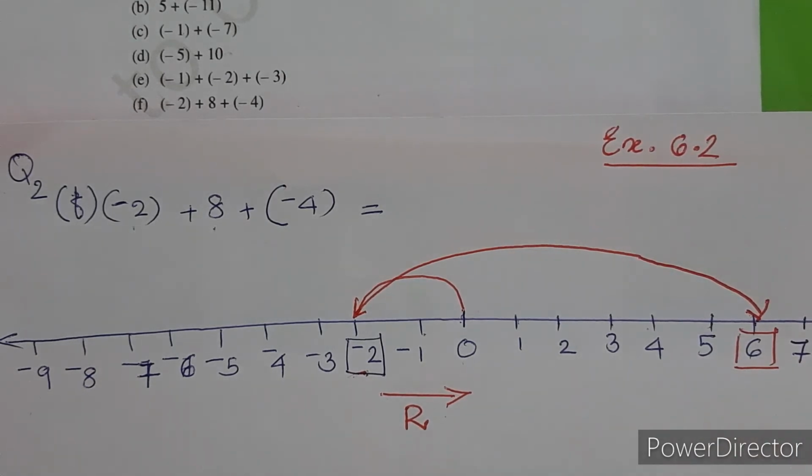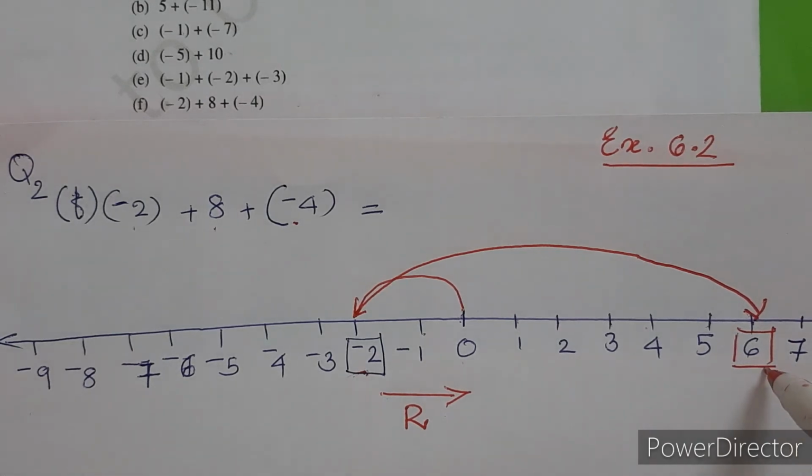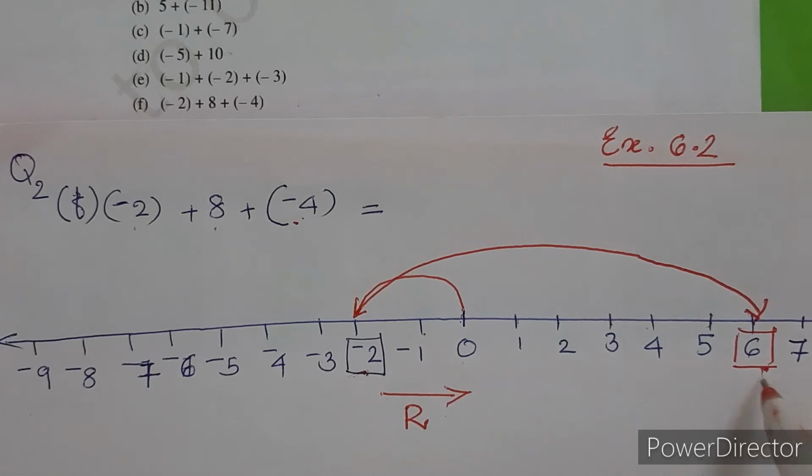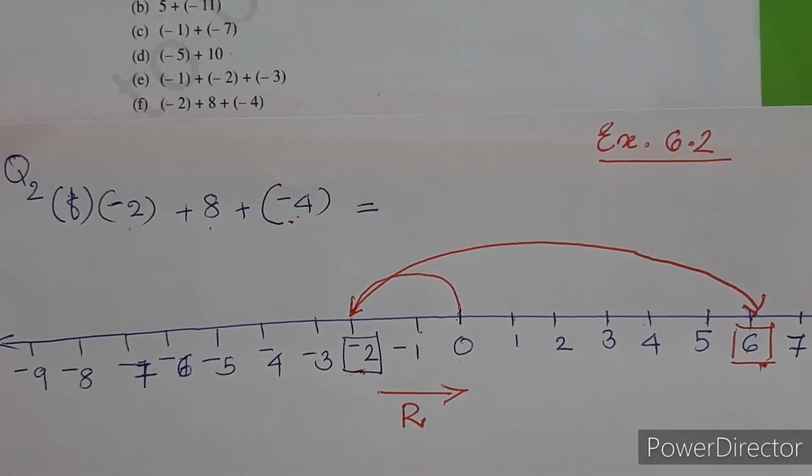Then one more digit is left here, that is minus 4. Now we have reached 6. Then we add minus 4 to 6. Minus 4 is a negative integer. In the case of a negative integer, we move in the left direction from the starting point on the number line.